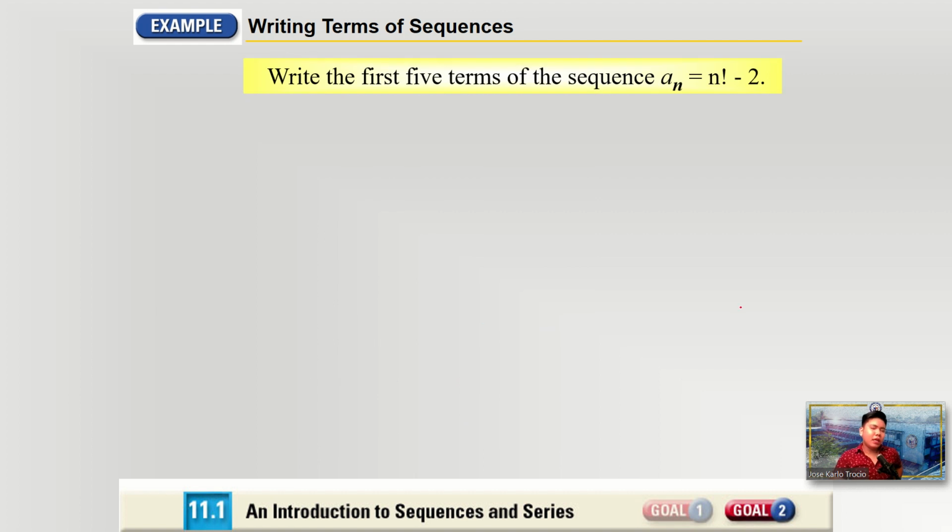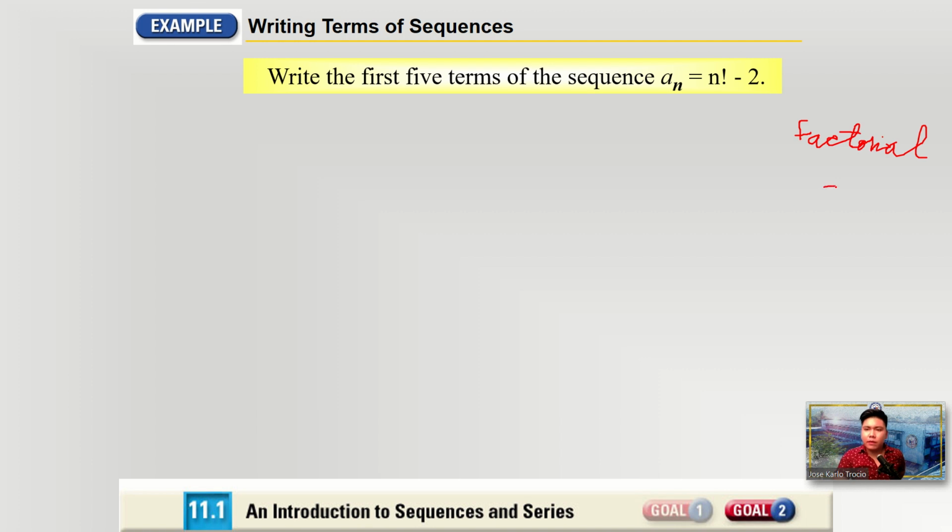Another example. Have you seen this symbol before? The exclamation mark. This is called the factorial. Let me write it in. What does factorial mean? You may probably use this in your calculus classes. Example, what is the factorial of 5?